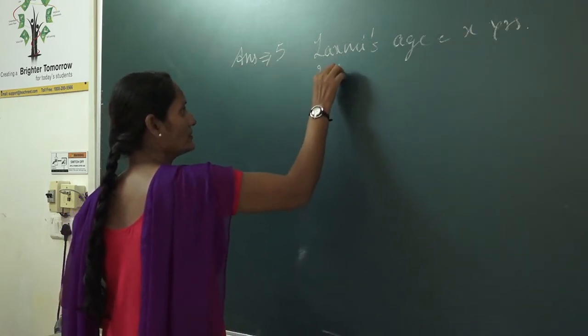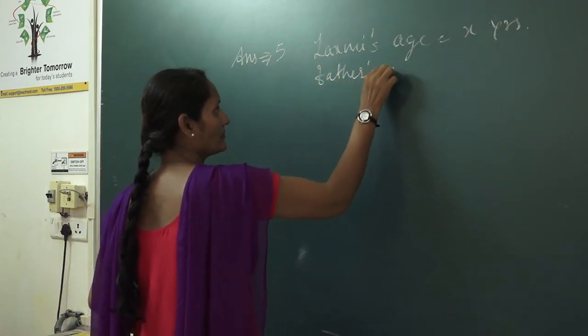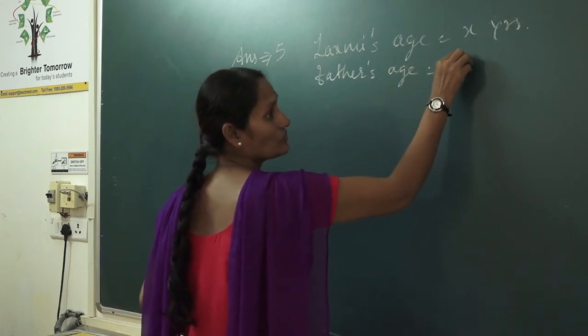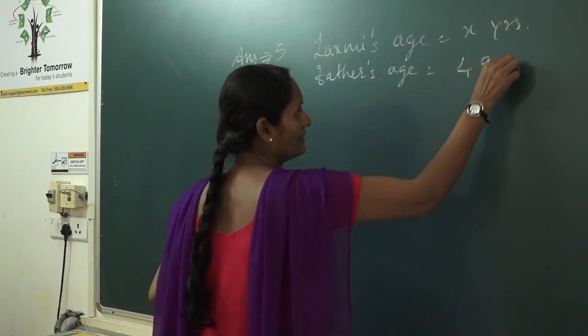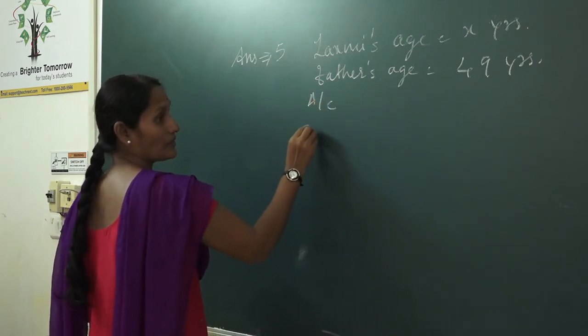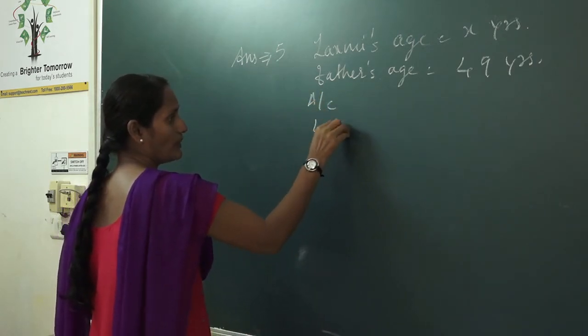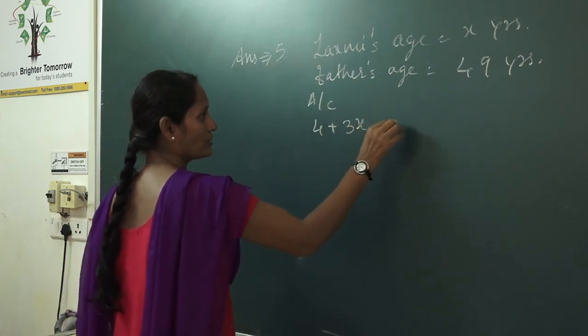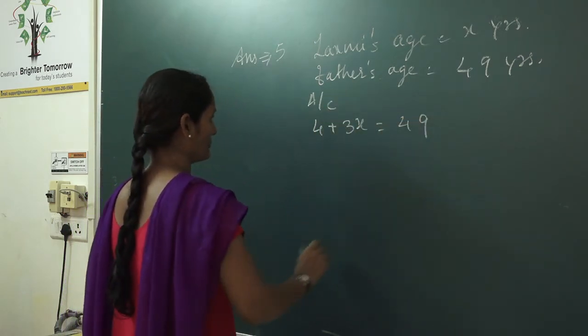Father's age is given as 49 years. So according to the condition, 4 plus 3 times Lakshmi's age equals father's age.